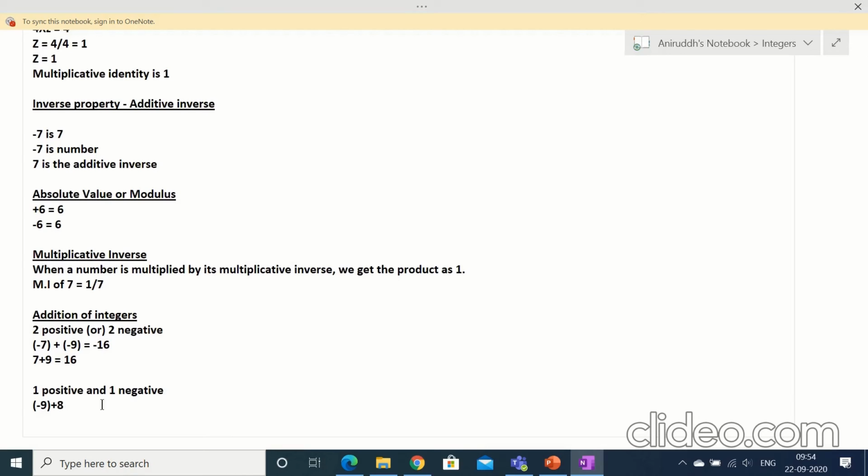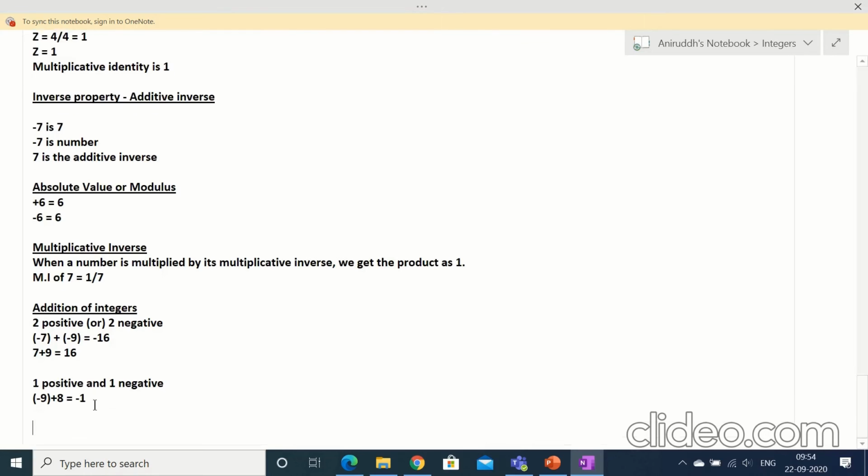Don't check the sign. First subtract the numbers. 9 minus 8 will be 1, and the sign of the greatest number, which is 9, is minus. So we need to keep the sign of the greatest number, that is minus. So minus 9 plus 8, you will get the answer as minus 1. So these are the steps for addition of one positive and one negative integer.